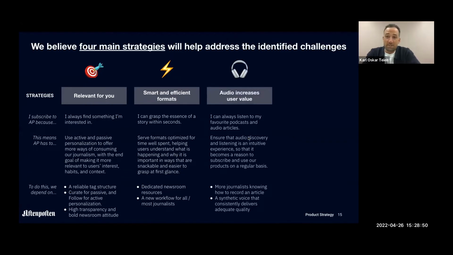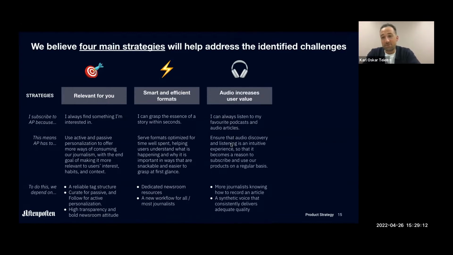We also have a strong position on audio, and we want to enable users to always listen to your favorite podcast and audio articles. So that means we are making all our articles available for listening. And you might have heard of this concept of the unread guilt factor. You know, you're subscribing to a newspaper.